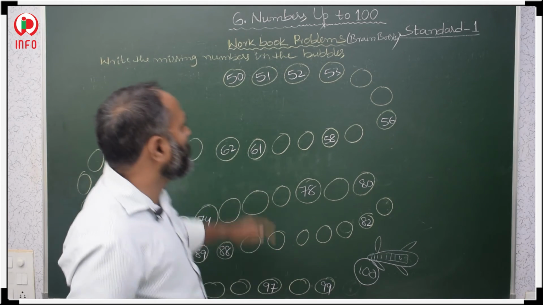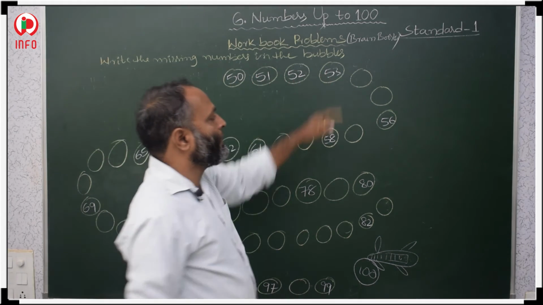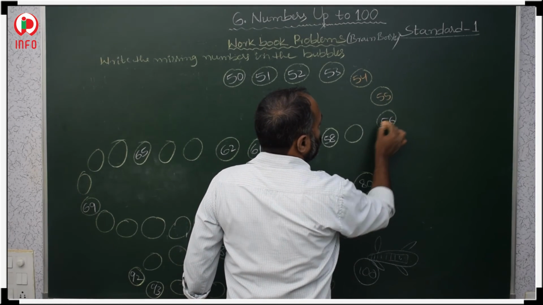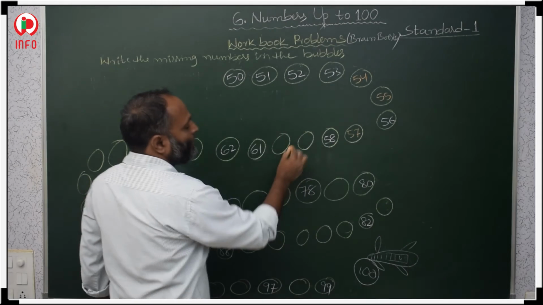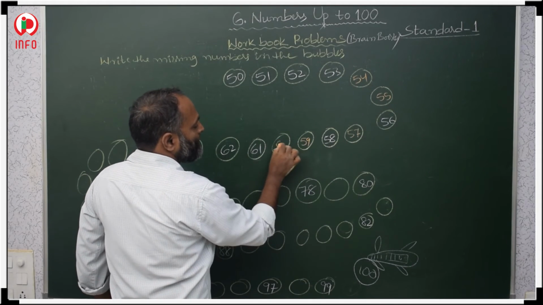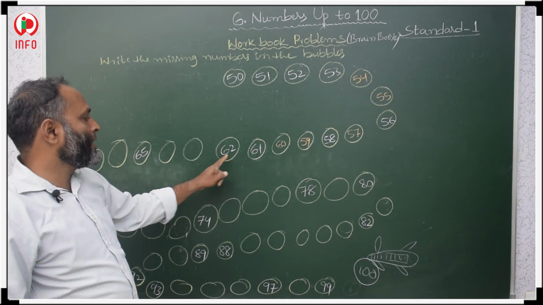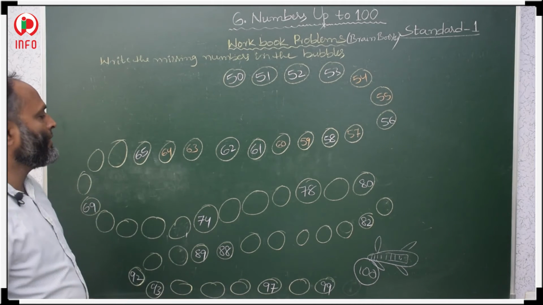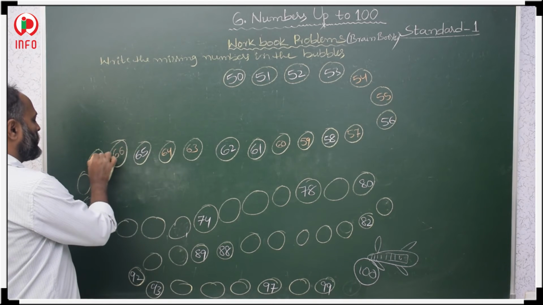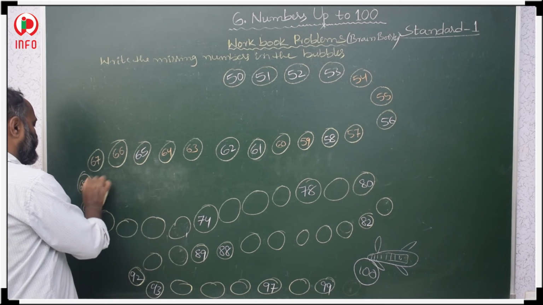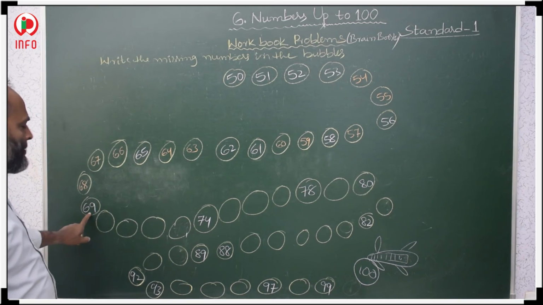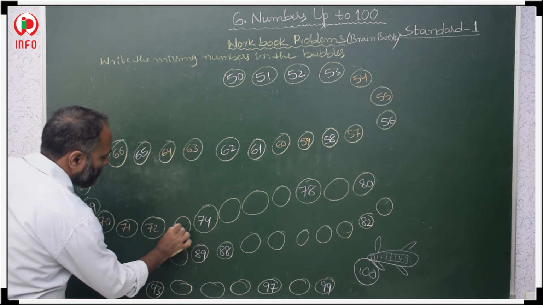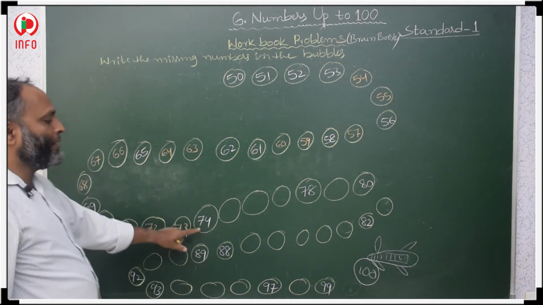See here, 50, 51, 52, 53 is given, after that 54, then 55, 56, then 57, 58 is given, then 59, 60, 61 is given, 62 is given, then after that 63, then 64, 65 is given, then after that 66, 67, then 68, then after that 69 is given, 70, 71, 72, 73, 74 is given.